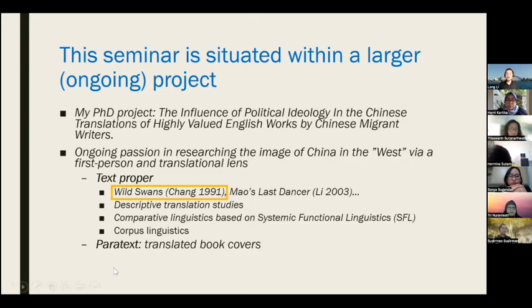But today's seminar focuses only on Wild Swans, in particular, the translated book covers of Wild Swans. If you're interested in my linguistic analysis of Wild Swans and Mouselar Stancer, I will show you some other publications. So that's where today's seminar is situated.